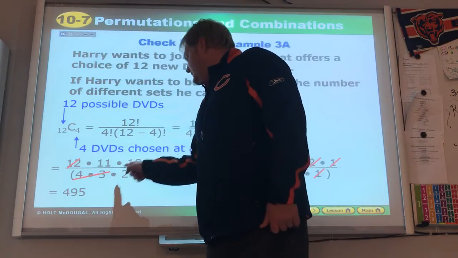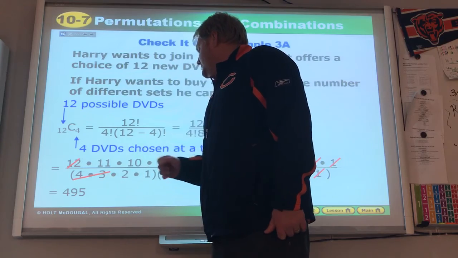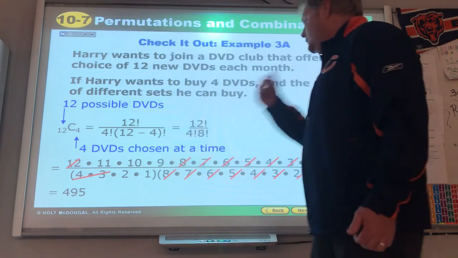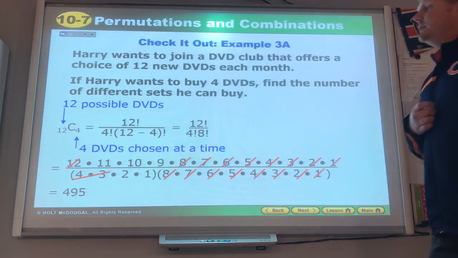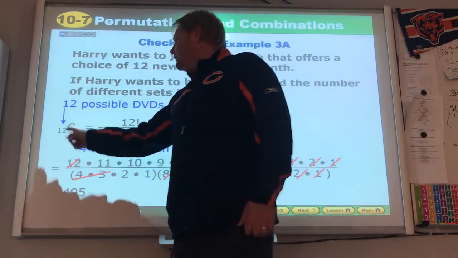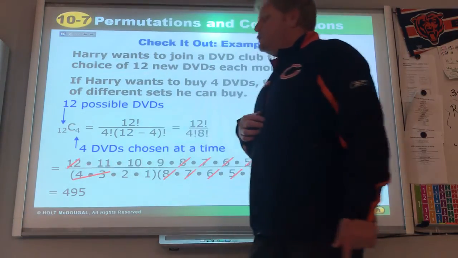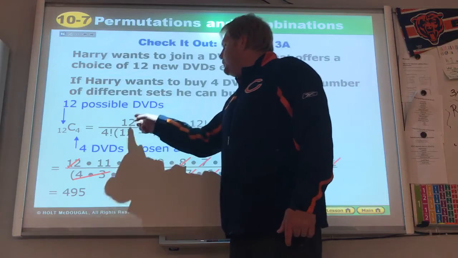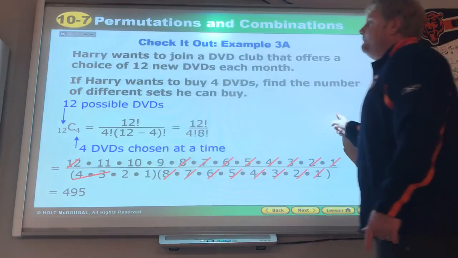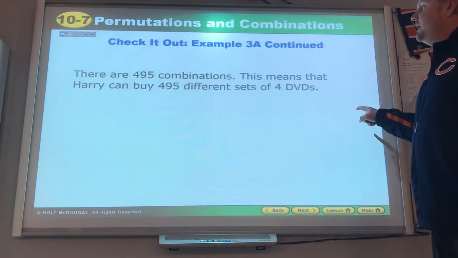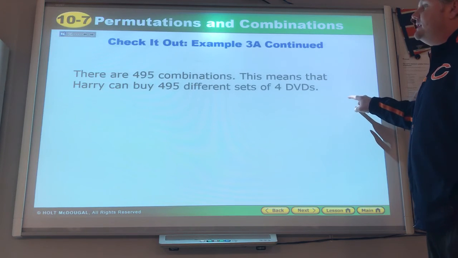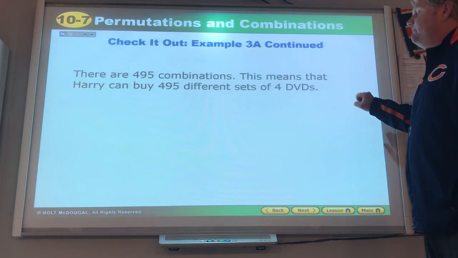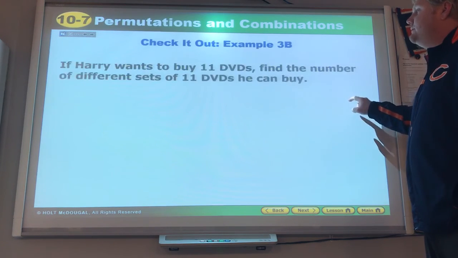They could have even done this and done 2 and made that 5, and we get 495. Focusing on this is important. Possible number of choices you want to have, and you put them in the same way every time. There are 495 combinations. This means that Harry can buy 495 different sets of DVDs.